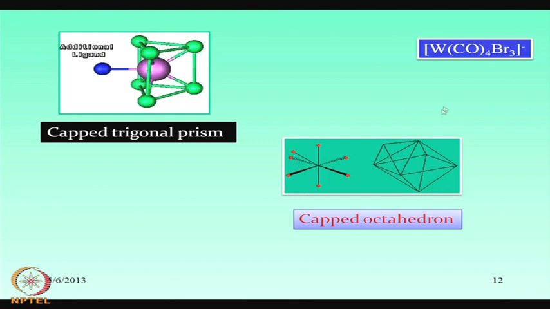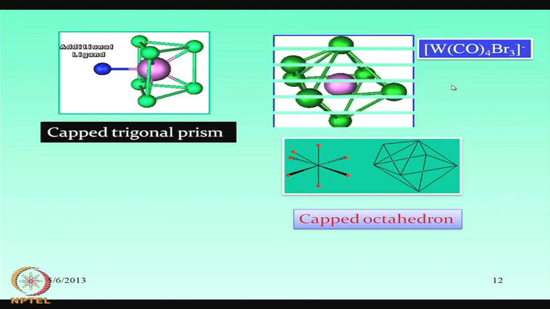So, examples for these 7 coordinated molecules are like this. When we have this capped one, this particular one is the capped one. So, tungsten surrounded by 4 carbon monoxide ligands and 3 bromine ligands will give rise to this particular geometry where one particular face is being capped.